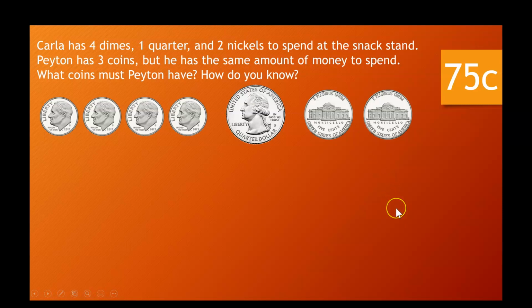Now let's think about this. Peyton had the same amount, so he had 75 cents. If he only has 3 coins, what do you think he has? Push pause and then push play when you're done thinking.